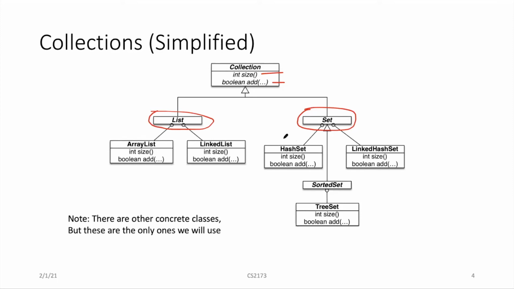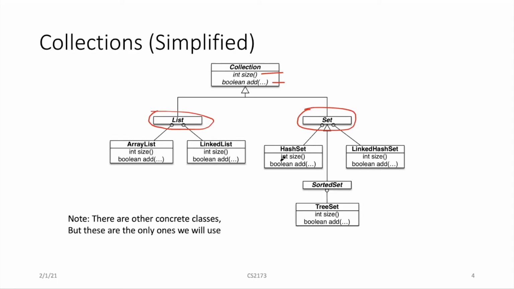The main default set that is typically used is something called a hash set. Why is it called a hash set? Because it uses something called a hashing function to very efficiently store its contents. There are two consequences of that, though. In a set by itself, there's no natural order to things.